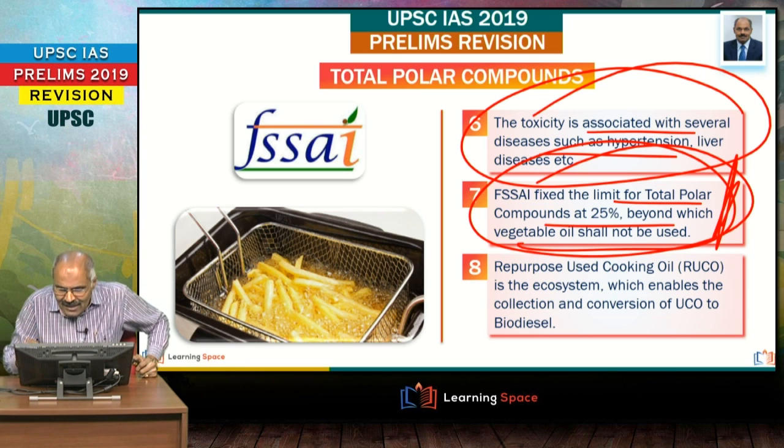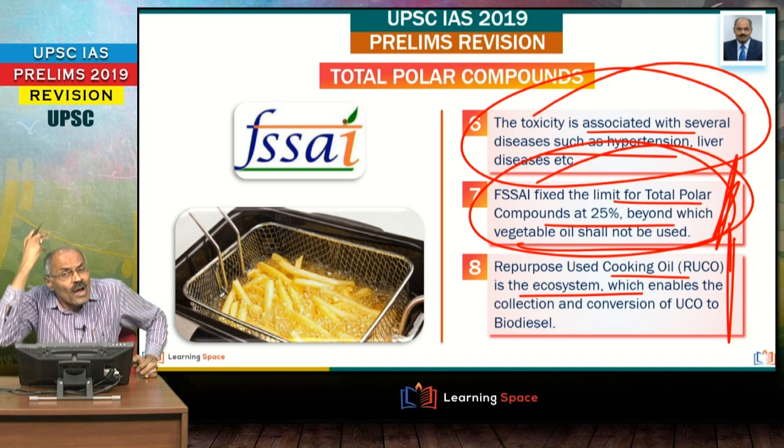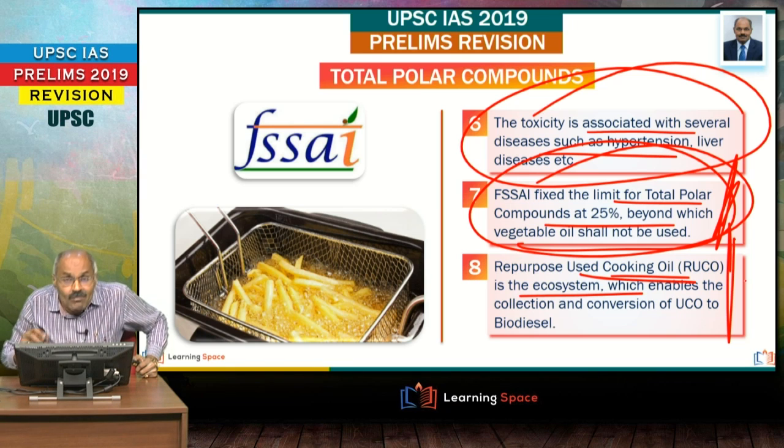The alternative is that the Repurpose Used Cooking Oil program is launched. RUCO program, that is Repurpose Used Cooking Oil. That means once the total polar compounds exceed 25%, you have to throw it out. And the alternative is this RUCO program.